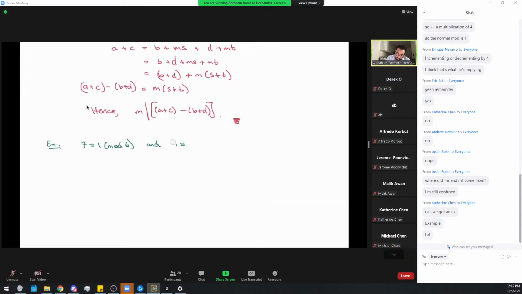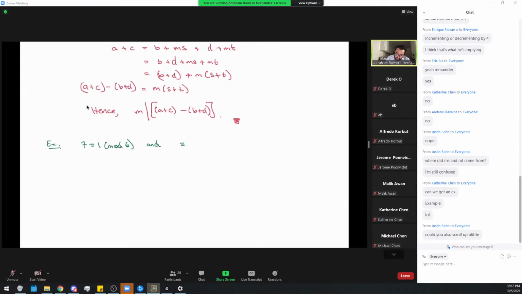Actually, no, let's say negative 3 is congruent to 3 mod 6. So by definition, actually, let's avoid negatives so it can become a little bit simpler. Let's put a 3 here, and let's put 21.